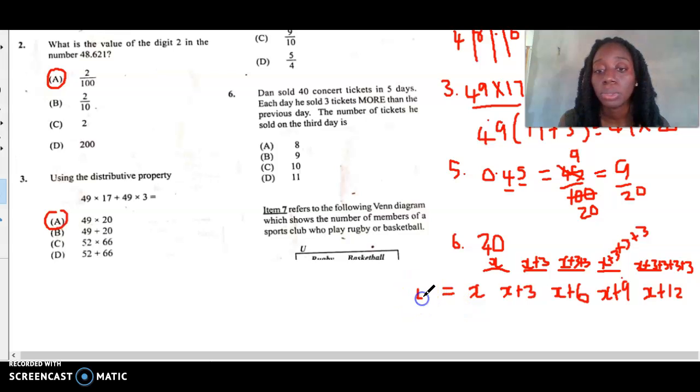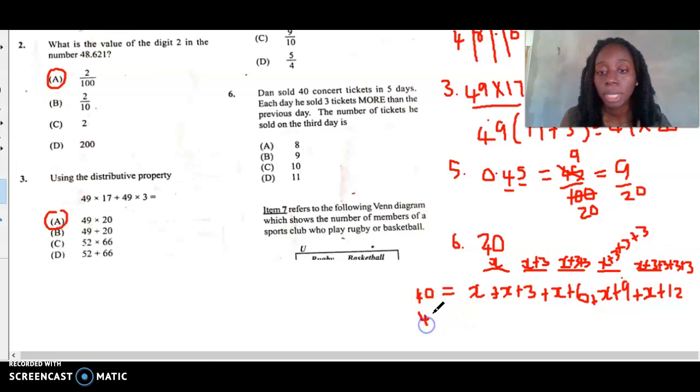But what we do know is that on these 5 days he would have sold a total of 40 tickets. So we can add the amount he sold on day 1, day 2, day 3, day 4, and day 5. Now I can simplify this expression.